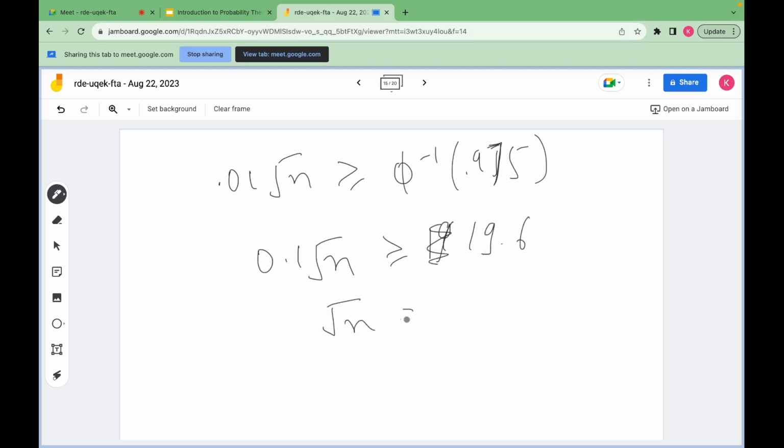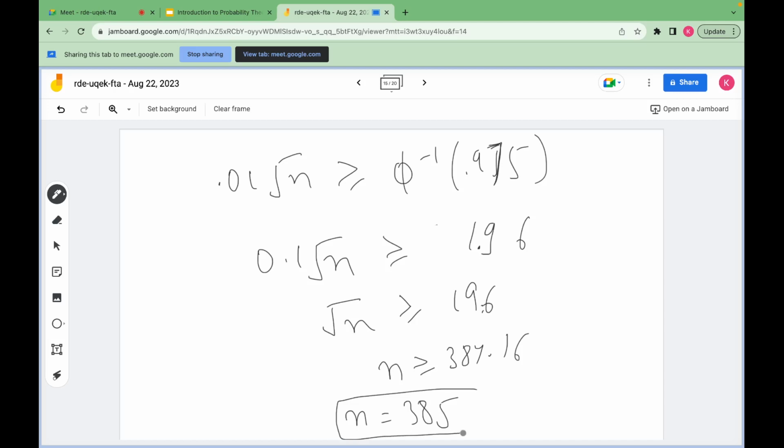So this root n should be greater than or equal to 19.6. So n should be greater than 384.16. So n should be equal to 385.